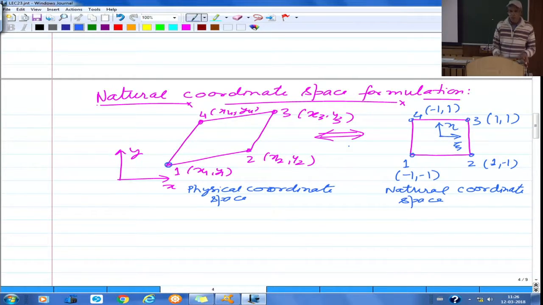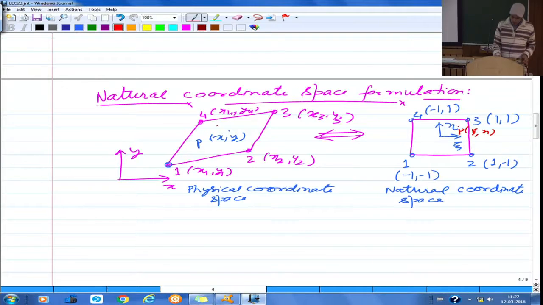And we call this one-to-one mapping. If I have some point P here with coordinates x, y, it will correspond to a unique point in the natural coordinate space, with certain coordinates xi and eta. So there is one-to-one mapping.